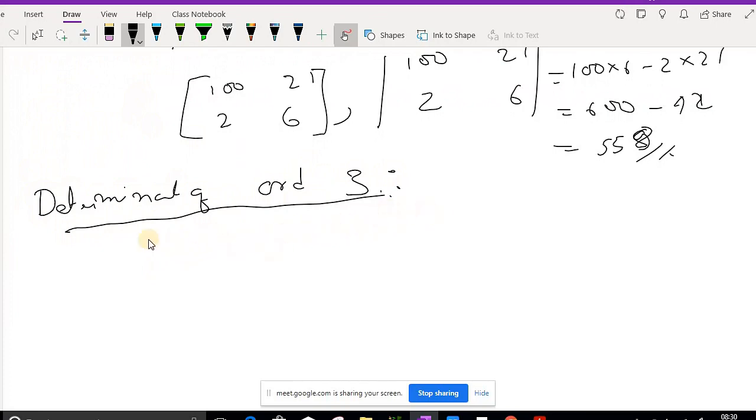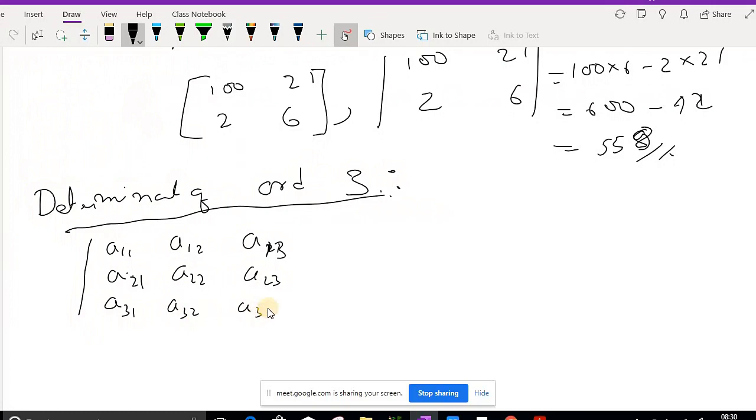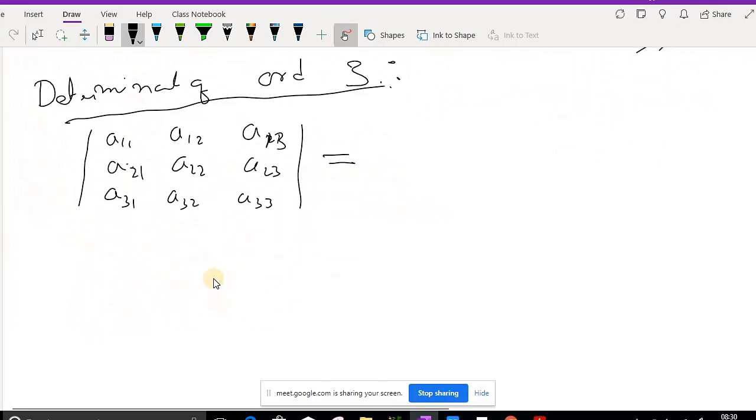The general matrix of order 3 is A11 A12 A13, A21 A22 A23, A31 A32 A33. To find its determinant, you have to expand this along some row or column of your choice.